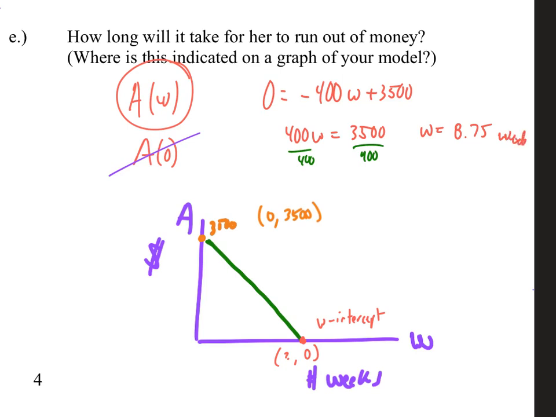Because that's what w stands for, weeks. I know one of the problems in the homework says, round down to the nearest week. So if we rounded this, it would round up to 9 weeks. But she technically doesn't have enough money to make it to 9 weeks because she would run out of money partway through the week. So it said round down. So she only has enough money to make it through 8 full weeks.